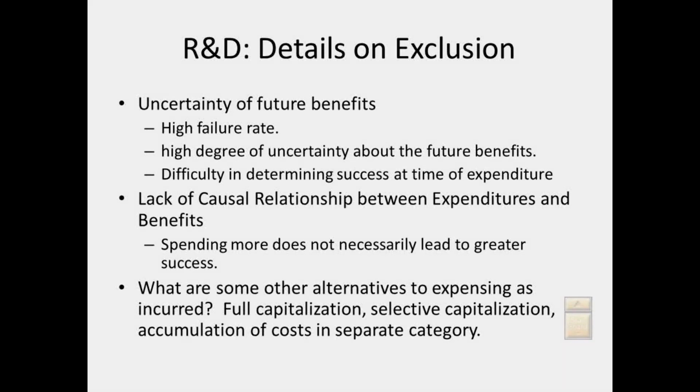Okay? So again, why wouldn't we include research and development from a purely accounting perspective? Are companies doing R&D because they're altruistic and they want to advance science? No, they're not. They're doing it to make money. Okay? So we know there must be some future benefits.